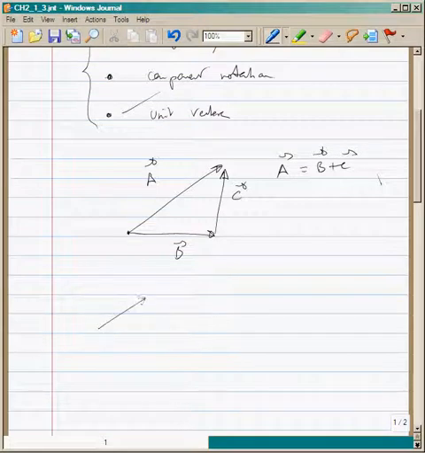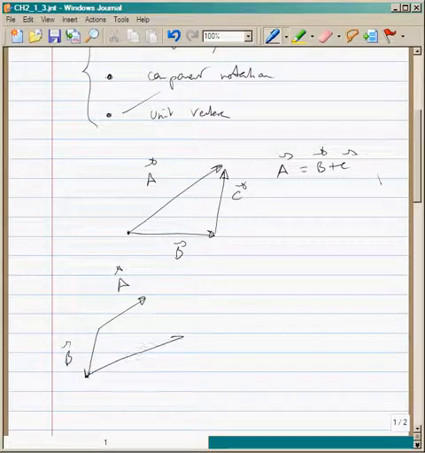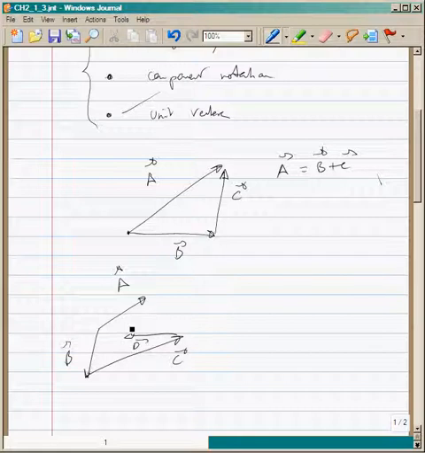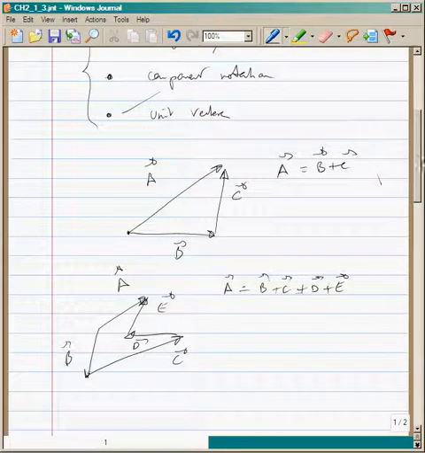I can go vector A is equal to vector B plus vector C plus vector D plus vector E. You can choose as many vectors as you want. So A is equal to B plus C plus D plus E.